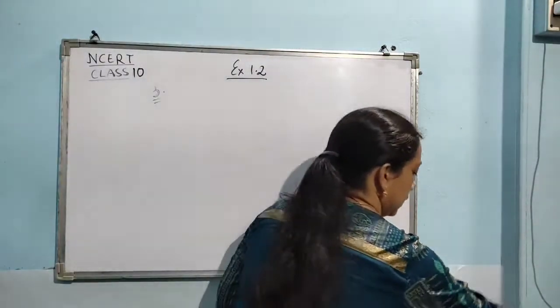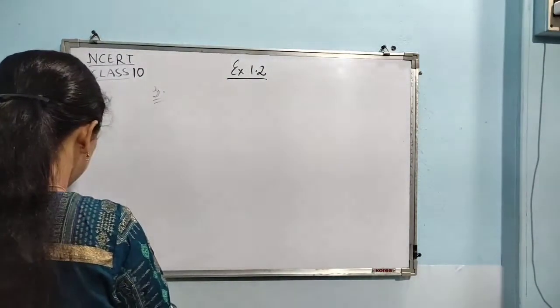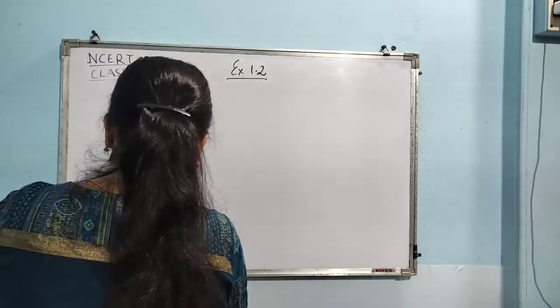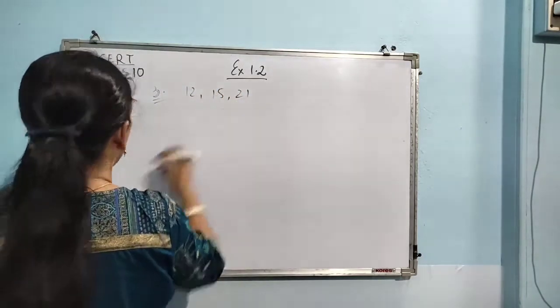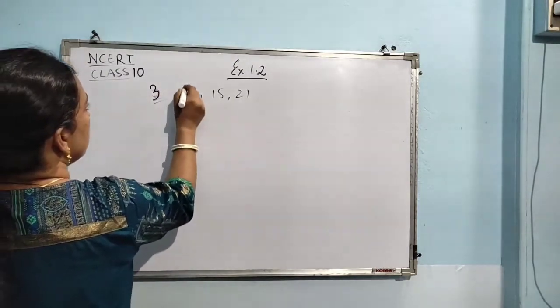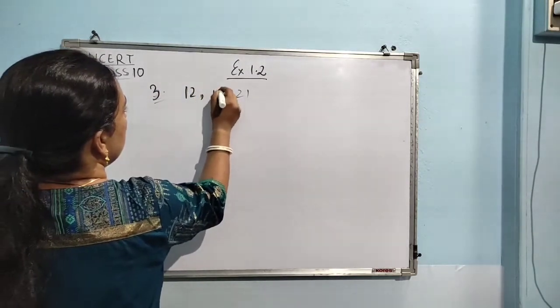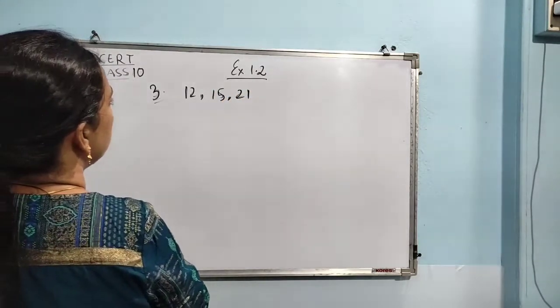The first question is 12, 15 and 21. Let's start. So we are having these three numbers.